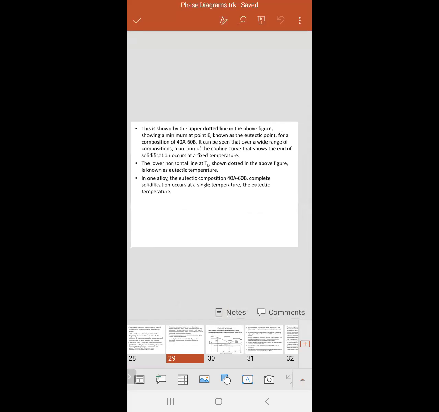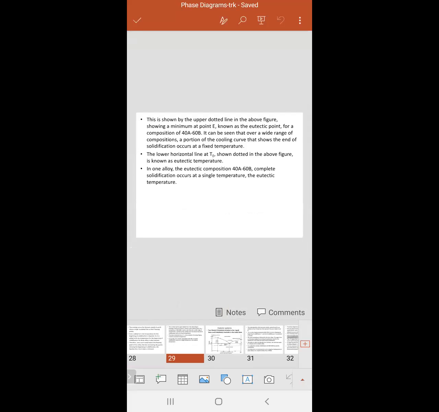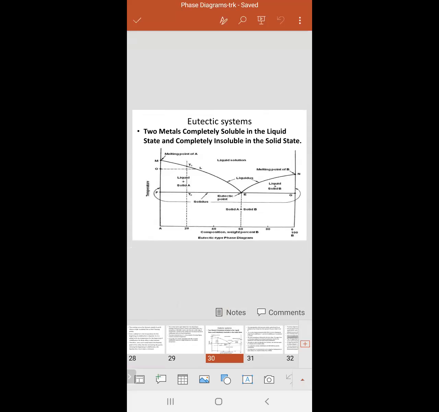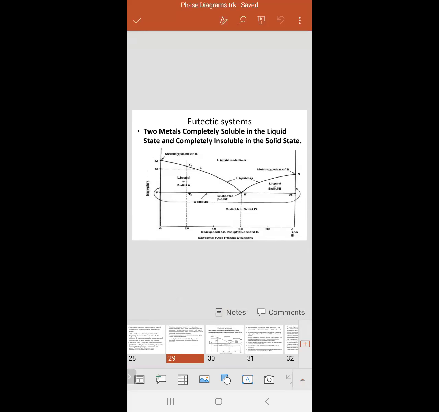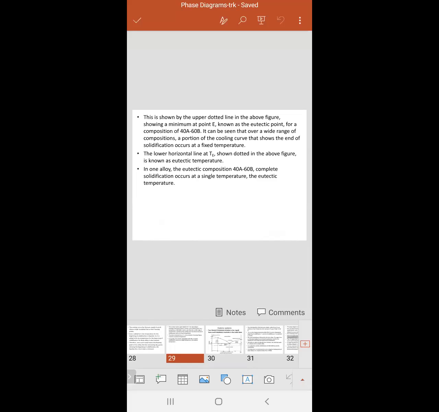It can be seen that over a wide range of composition, the portion of the cooling curve that shows the end of solidification occurs at a fixed temperature. The end of solidification is done at E, that fixed temperature.